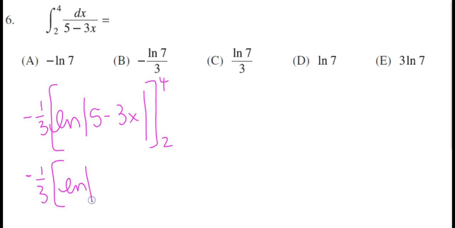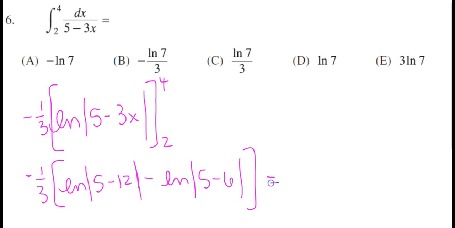So if I plug in 4, I get ln of 5 minus 12 in absolute values. Minus, plugging in 2, I get ln of the absolute value of 5 minus 6. All right, 5 minus 12 is negative 7.